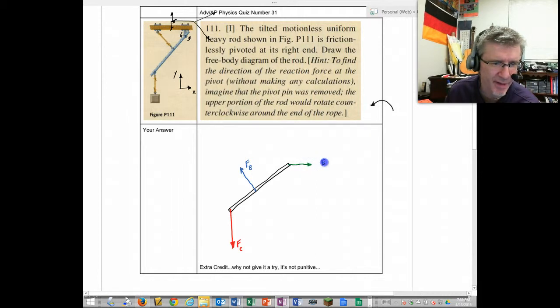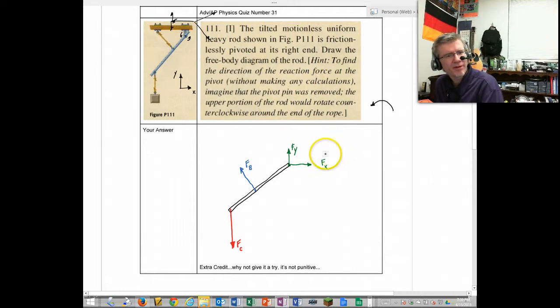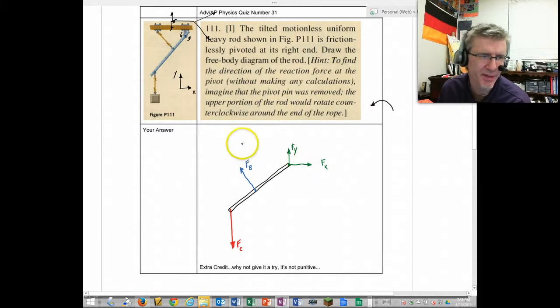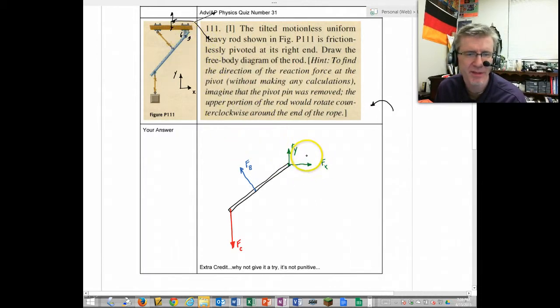Let's call that Fx, and we've got an Fy here. That's the most general depiction of the free body diagram, where when you break a pin, you basically have forces that could go in either direction. I think it's fair to say that this bearing here is providing a force, or could provide a force in those two directions.